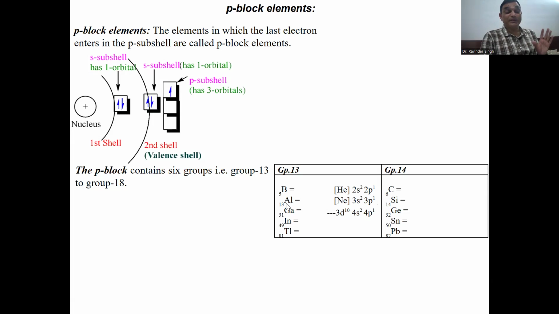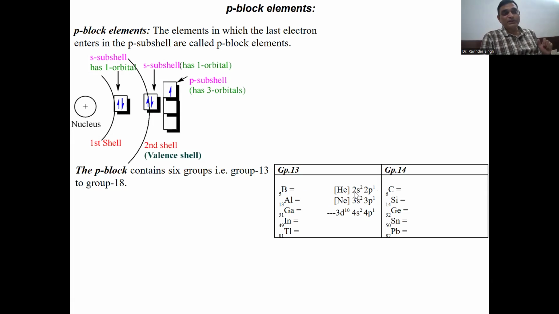Aluminium is a third period element, because the last electron enters the third shell, 3s2, 3p1. In the third shell there are three subshells, s, p and d, so 3d is vacant here. Whenever the question is asked in your exam to name the element which has a vacant d orbital: does boron have a vacant d orbital?